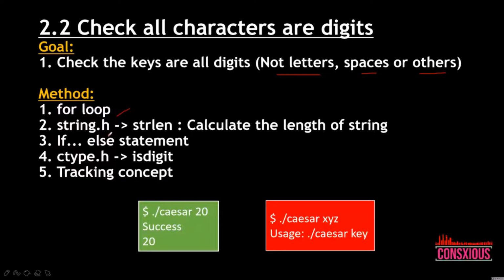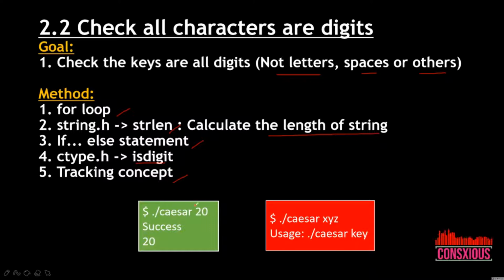We can use string.h, strlen, the string length. String length helps us to calculate the length of a string. We can use the if-else statements. We will also use ctype.h, isdigit. Isdigit helps us to check whether the character or symbol is a digit or not. So we also have to use a concept called tracking.